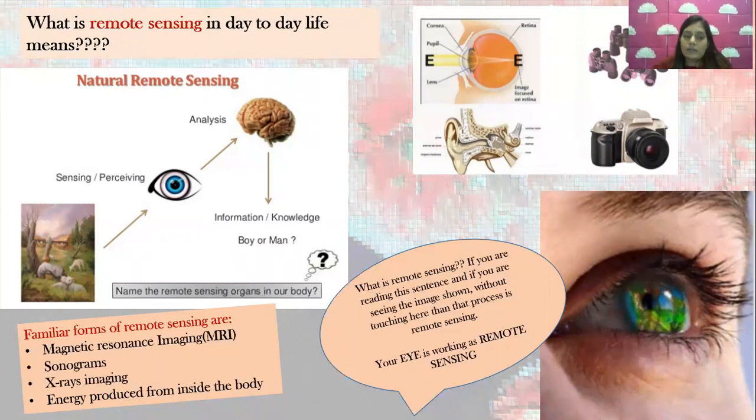What is natural remote sensing actually? See, I am seeing, for example, a forest or a farm, then I am receiving some waves, some information from that, and I am giving it to my brain. The process which the brain is doing is known as analysis. And finally, I am getting some information, some knowledge, and I am bifurcating that.